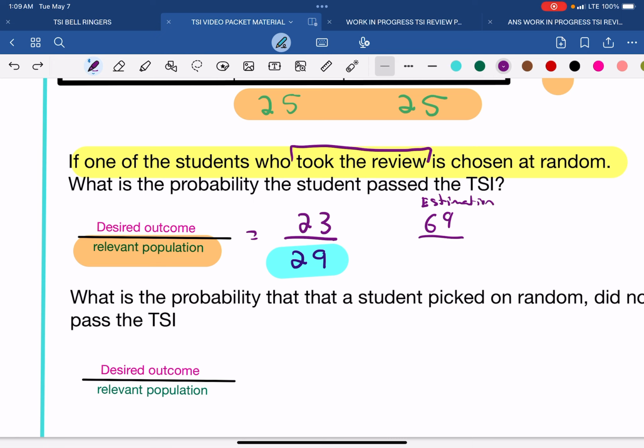And I'll explain to you why I'm doing this. So I don't know what this is in decimal, right? So I'm going to estimate 69 out of 90, right? So what's my answer? Well, for sure, it's more than 69.